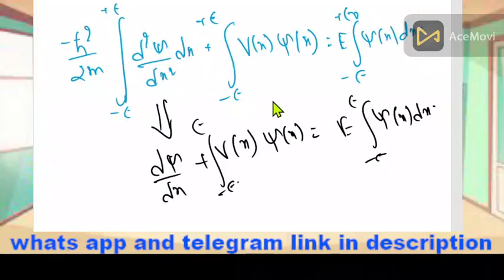Now what is the difference between other potentials and the Dirac delta potential? Let me put this minus h bar square by 2m here.